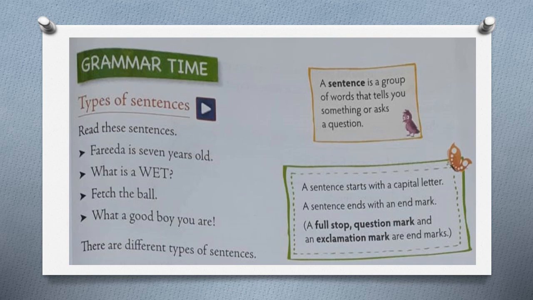Read these sentences. Farida is 7 years old. Then full stop. Next is, what is a wit? In this, asking a question, then put a question mark at the end.